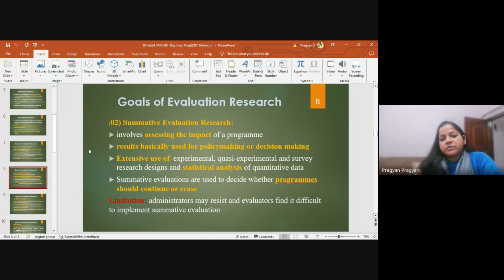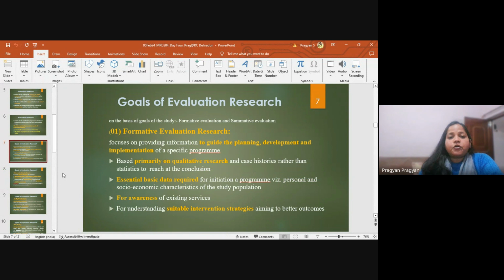And another difference, because the focus is going to be different, is the dependence on the methodology. I'm not saying that only and only qualitative research methods are going to be applied in case of formative evaluation research. Research is always a kind of triangulation of various research studies, various research methods.